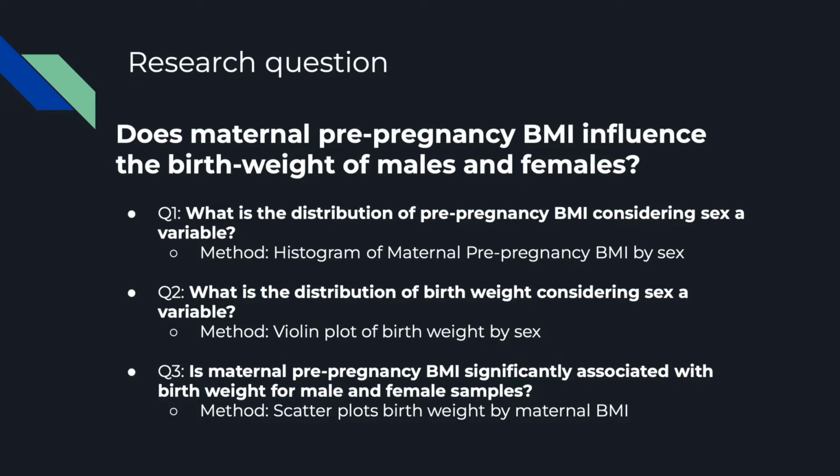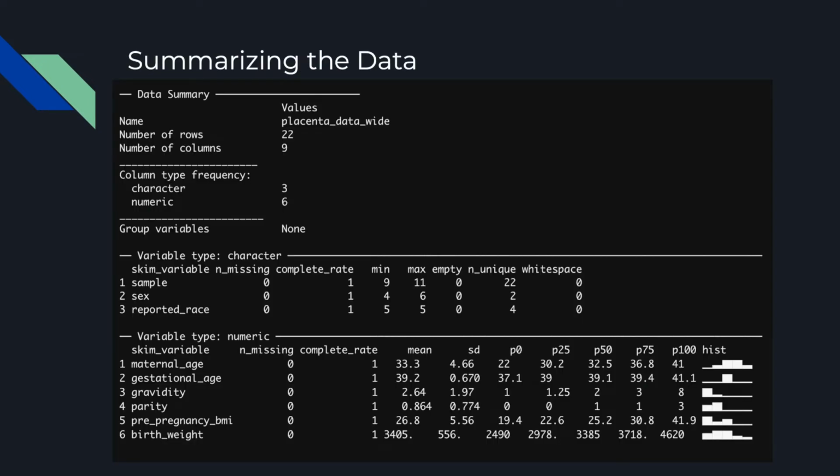The first question: what are the distributions of pre-pregnancy BMI considering sex as a variable? The method I used was the histogram. The next was the distribution of birth weight considering sex as a variable, and for that I used a violin plot. And question 3: is maternal pre-pregnancy BMI significantly associated with birth weight for male and female samples? For that method, I used scatter plots.